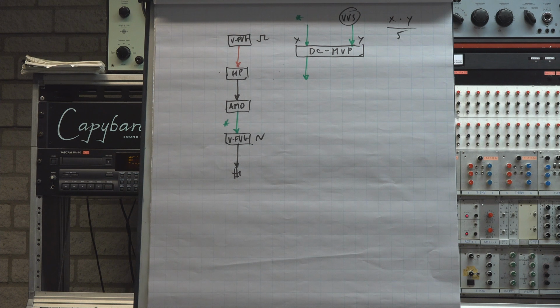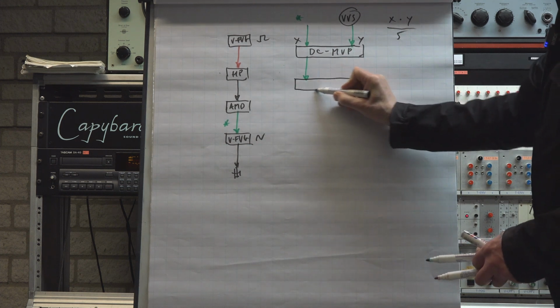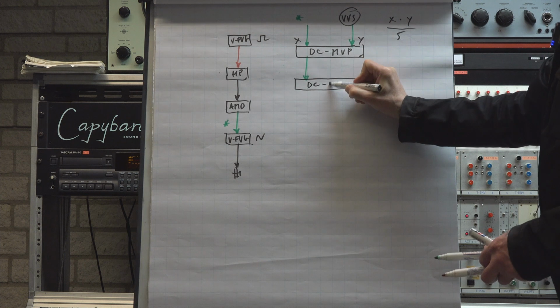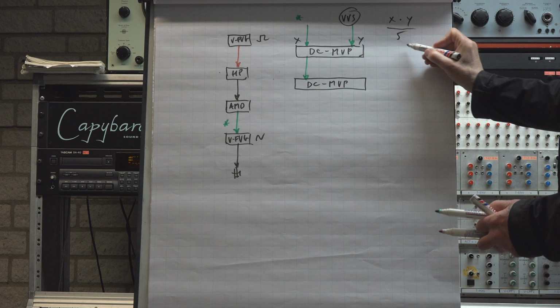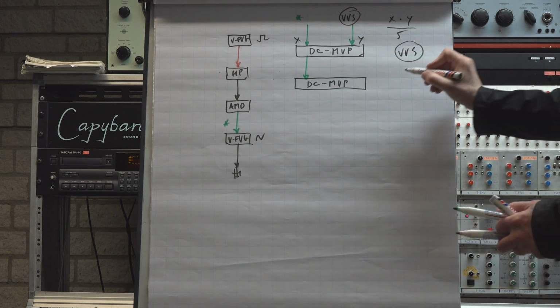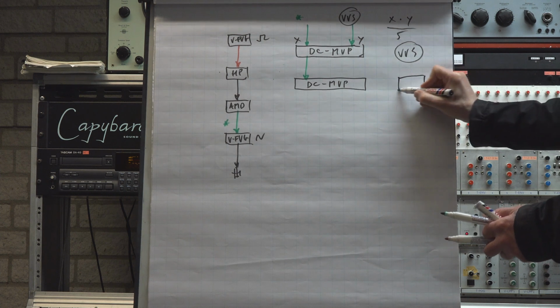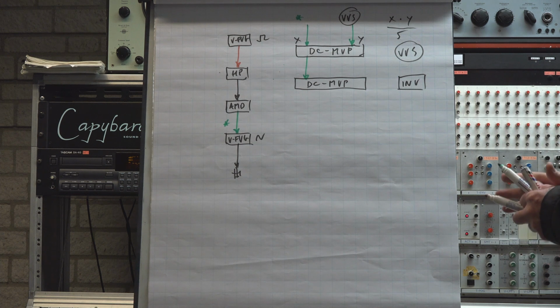But now I also want to have control over the lower limit, and I want to be able to scale it. And I can do that like this. So I can send the signal to another DC multiplier, take a second variable voltage source, but this one I'm going to invert, and you will see why in a minute.